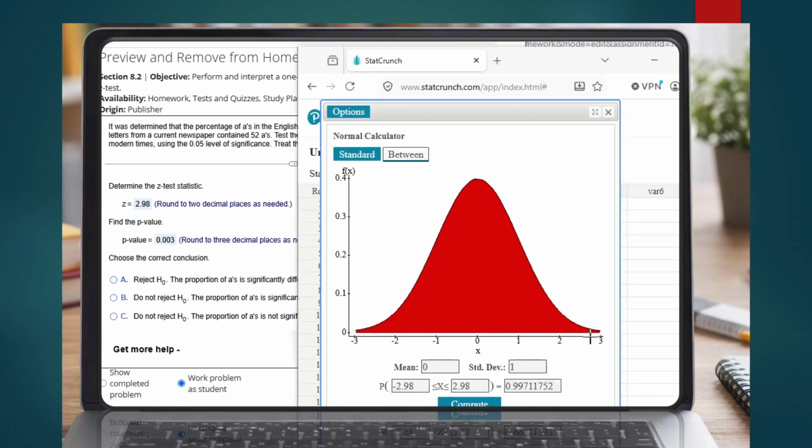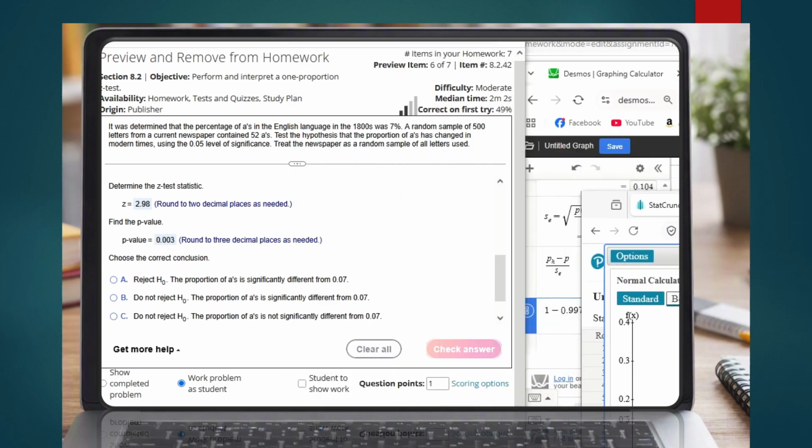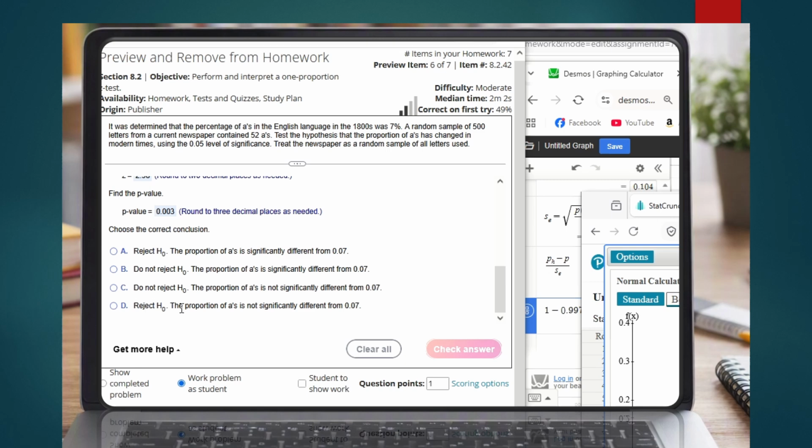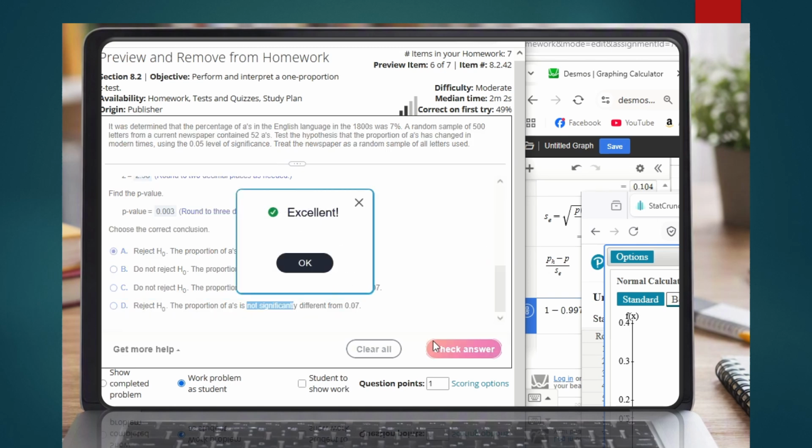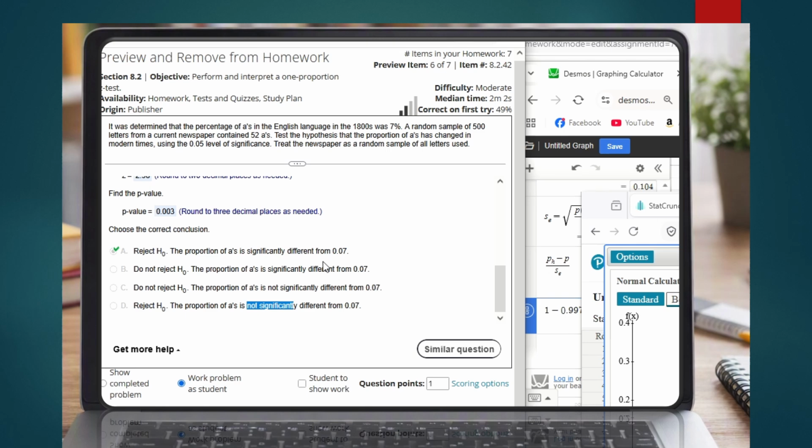So it is definitely far enough away from the status quo that we can reject the null. And let's see, so we want to reject. The only thing different here is this is not significantly. This one right here says it is. So there we go. All right. Let's go on to the next question here.